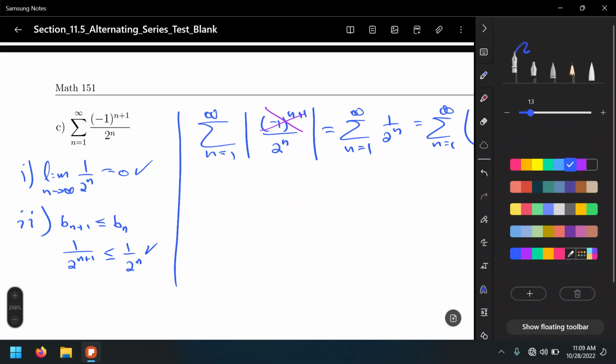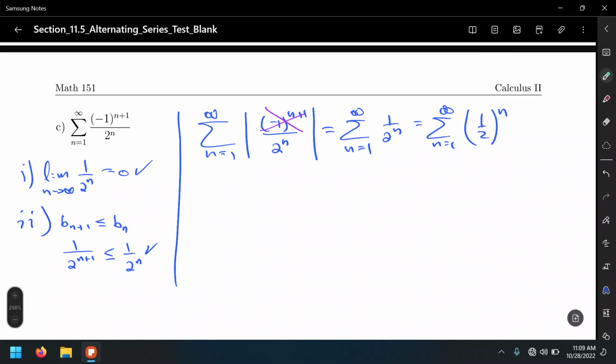And what do we know about this series? It's geometric. And what does it do? Converge or diverge? So it's a convergent geometric series.